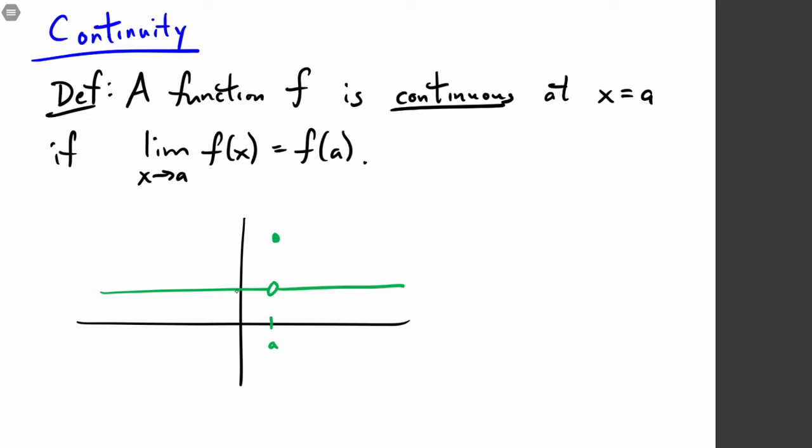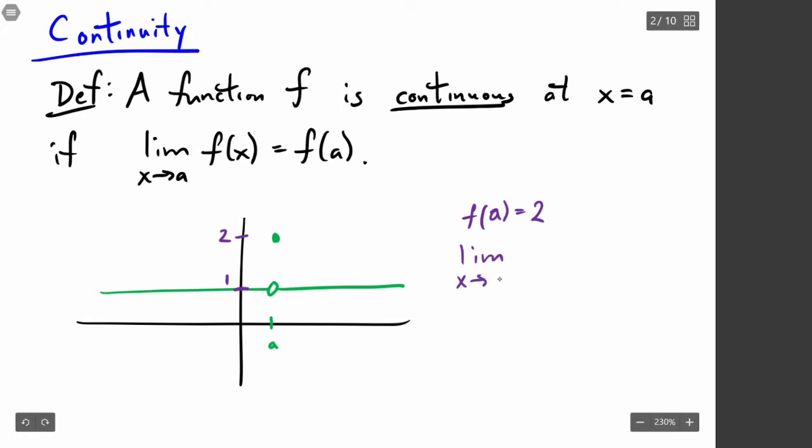Well, if this value right here is, say, 1, and this value up here is 2, we would have that f of a is equal to 2, but the limit as x approaches a of f of x is 1, right? So this would be an example of a discontinuous function, or a function which is not continuous. A good intuitive way to think about what a continuous function is that you can draw it without picking up your pen or your pencil, right?